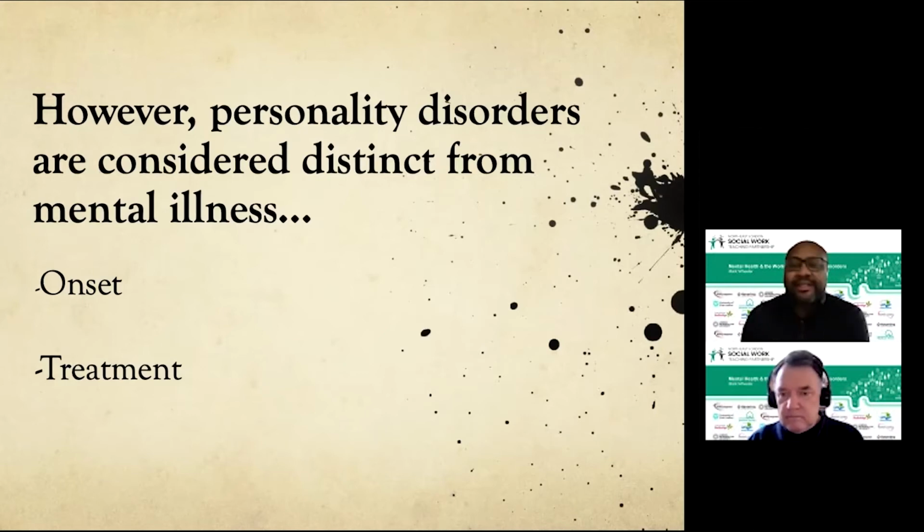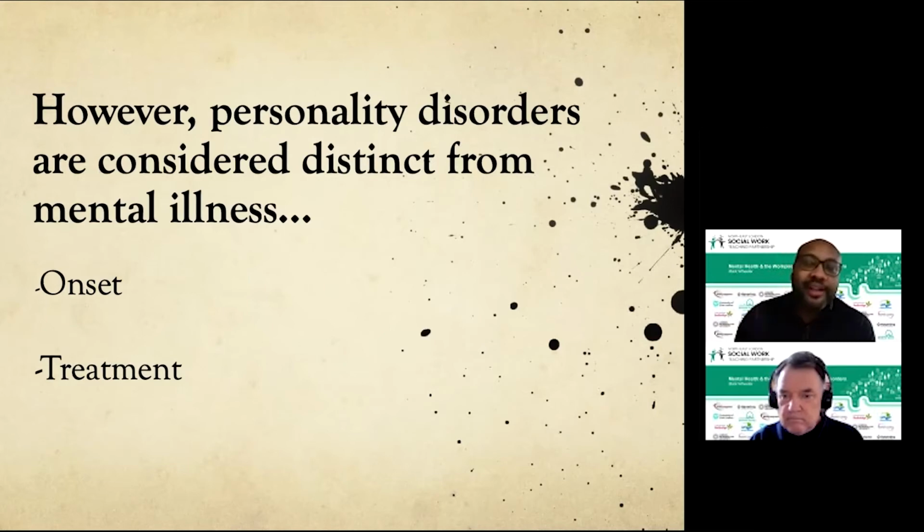It's best practice now, if someone is diagnosed with schizophrenia, to also engage them in CBT or at least another form of therapy. But the etiology is still presumed to be biological. With personality disorders, it's not presumed to be biological. The onset is different. It's also a bit earlier.